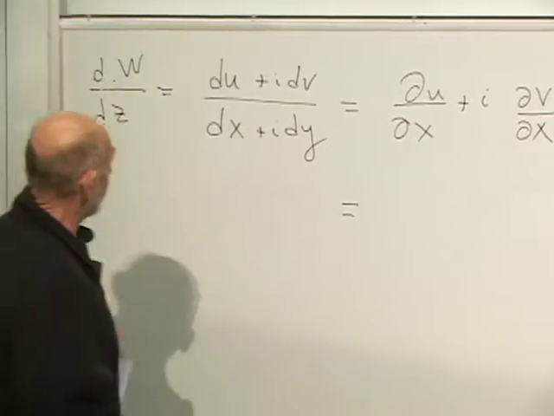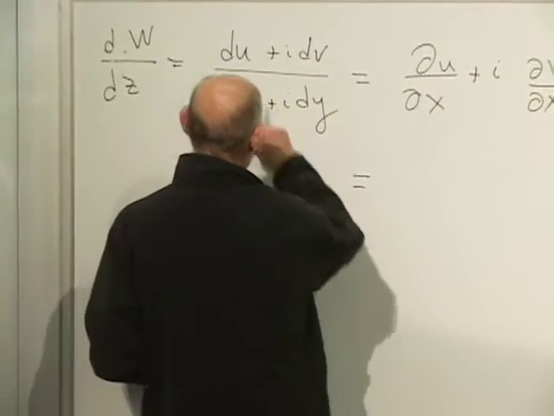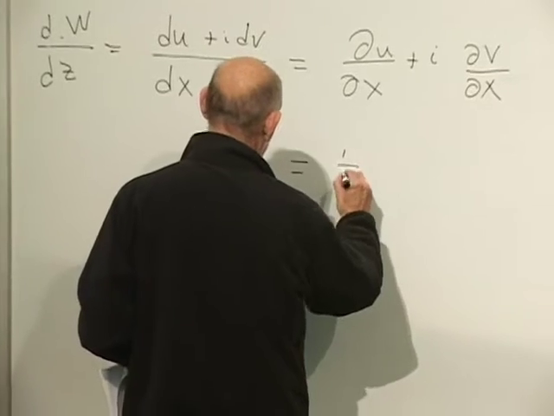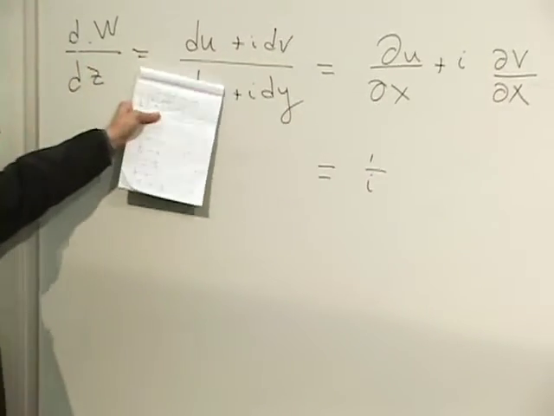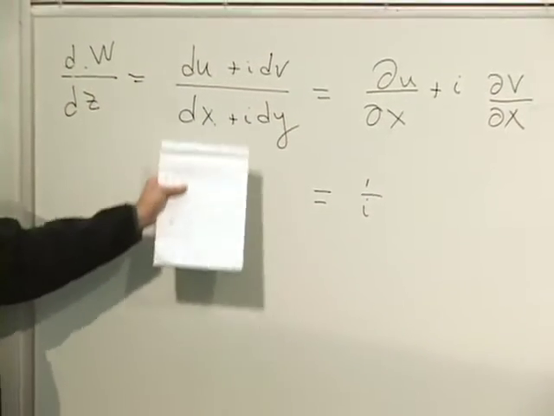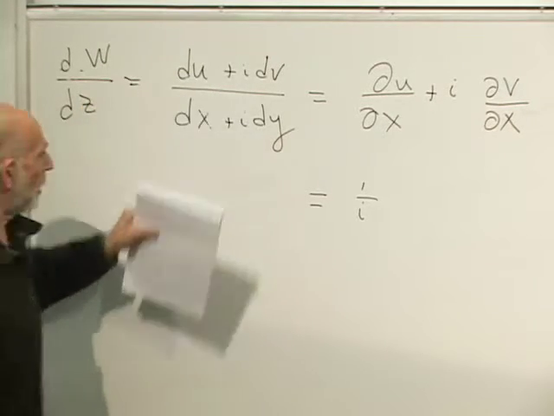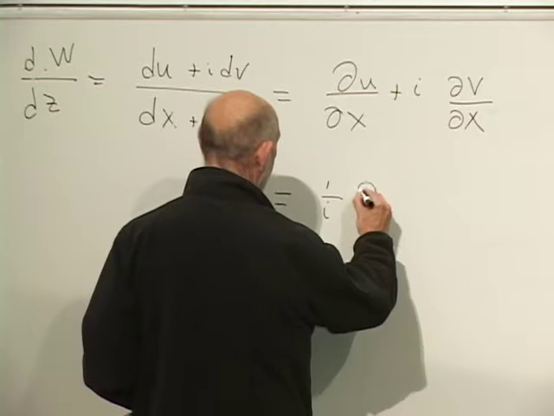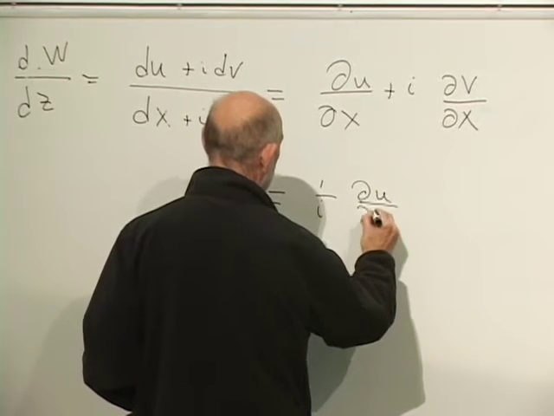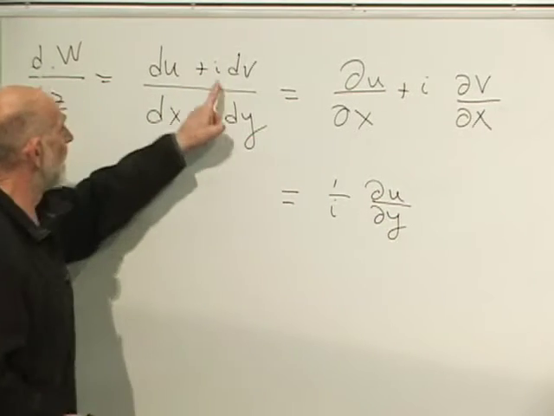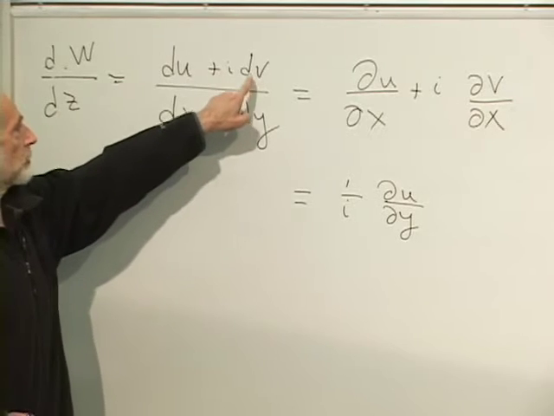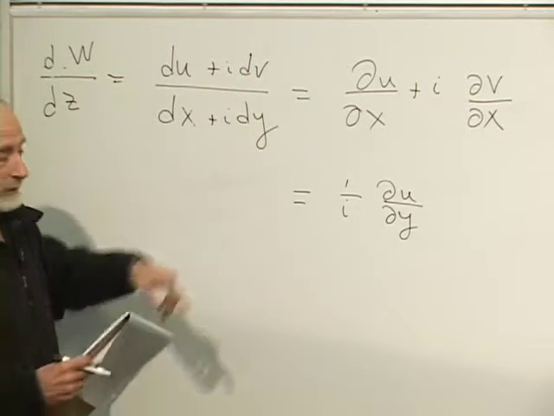Then we have to have 1 over i. The 1 over i comes from the i in i dy, multiplying dy. And then we'll have the partial of u with respect to y. And then i over i will just give you the derivative of v with respect to y.